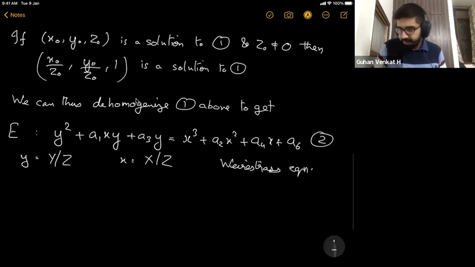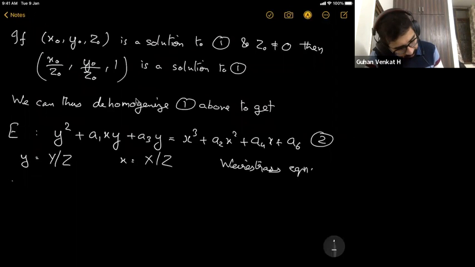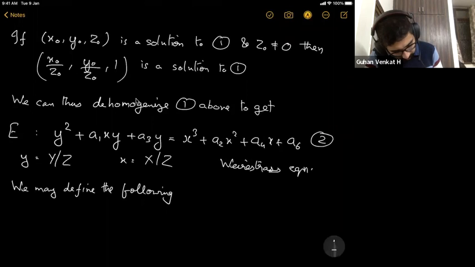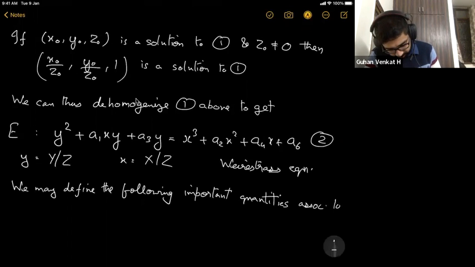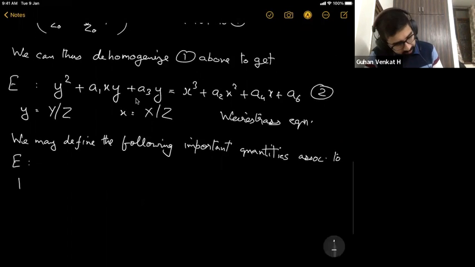And the reason we do this is I'm going to define the following important quantities associated to this curve E. It's a bunch of numbers.